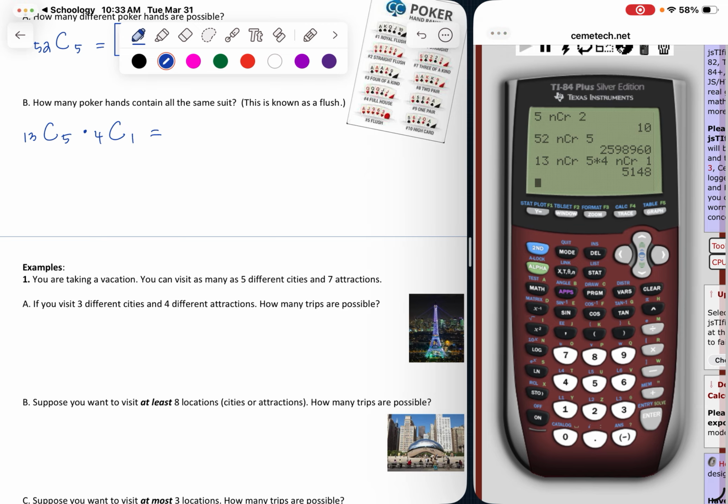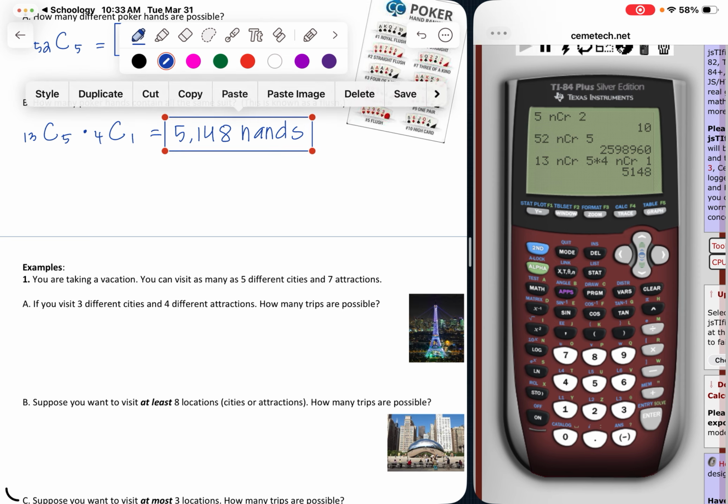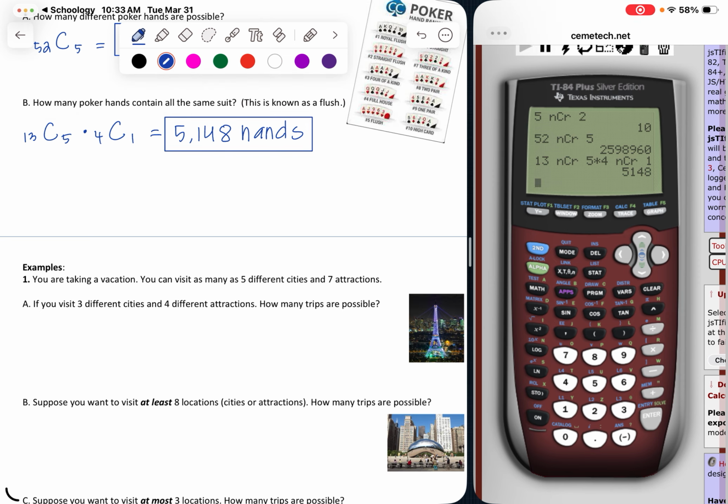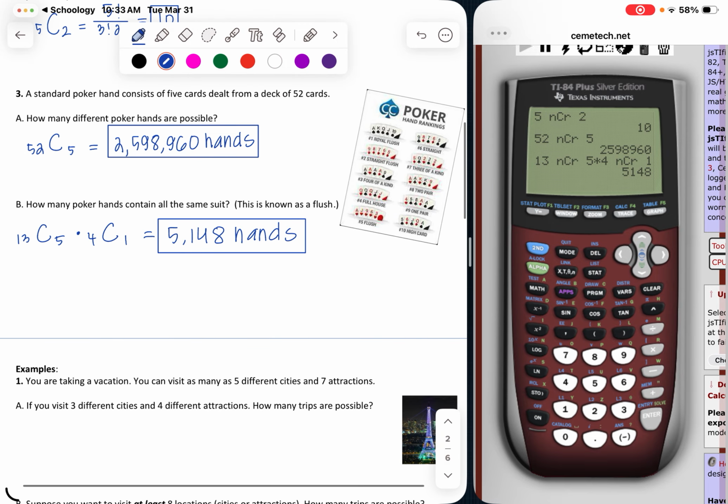Yep. 5,148 hands. That's how many poker hands, that's how many flushes there are. So when you say, oh wow, a flush, it's pretty easy to get. There's 5,148 different ways to get it, but that's out of 2.5 million different hands, right? So it's actually pretty rare to get one.